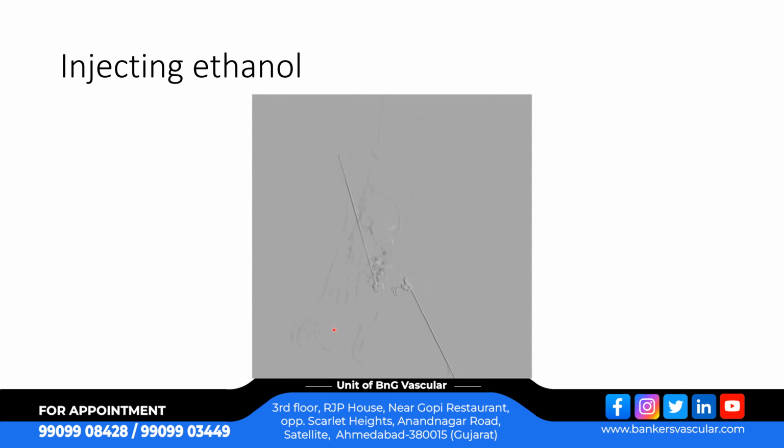So I've taken the two nidus over here. There is one coil over here and a second coil over here. These are the needles of both nidus. Once I've confirmed that this high flow malformation is converted into slow flow, then I inject ethanol, and these are negative contrast effects.